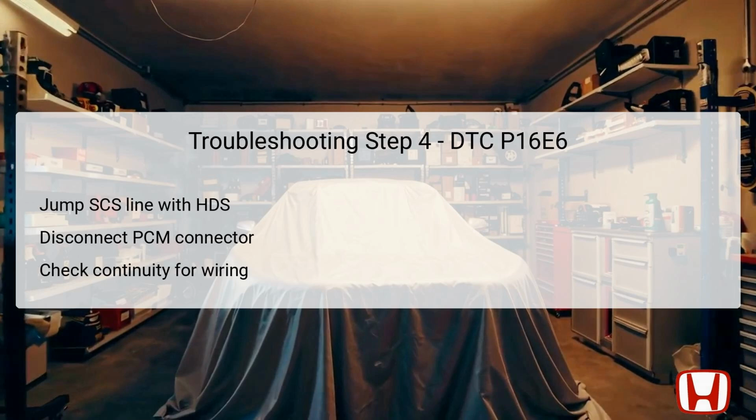With the transmission range switch 10P connector still disconnected, assess the continuity between PCM connector E, pin number 67, and body ground. Finding continuity indicates a fault in the wiring, ATP-ST wire, between the PCM and the transmission range switch.